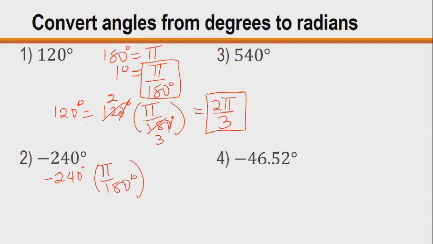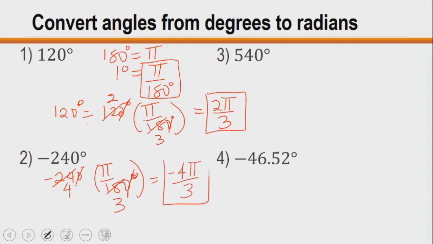Again, if you divide, 10 goes into 10, 6 goes into 18, that will be 3, and 6 goes into 24, that will be 4. This gives us negative 4 pi over 3. So negative 4 pi over 3 radians is the same as negative 240 degrees.